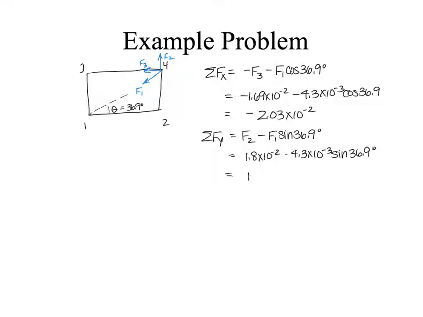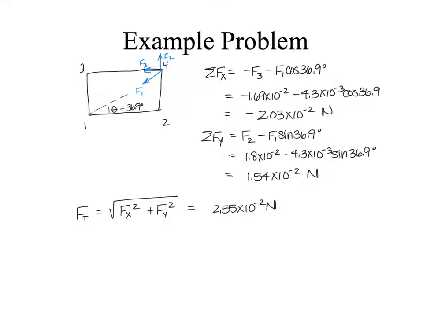My y component turns out to be 1.54 times 10 to the minus 2 newtons. The magnitude of the total force is found by the Pythagorean theorem and turns out to be 2.55 times 10 to the minus 2 newtons.